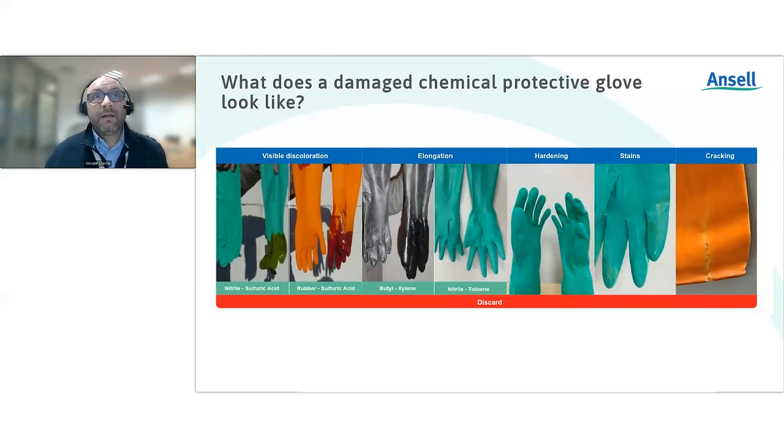Check the shape of the gloves, any discoloration, any change in their physical properties, for example cracking. When we have this kind of damage in the PPE, it means it is not protecting the workers. The workers think they are protected, but in reality, they are not. So you can use this slide to help explain it to your workers in the field.